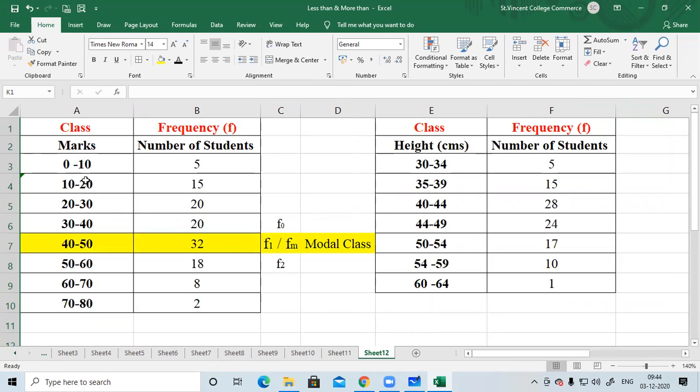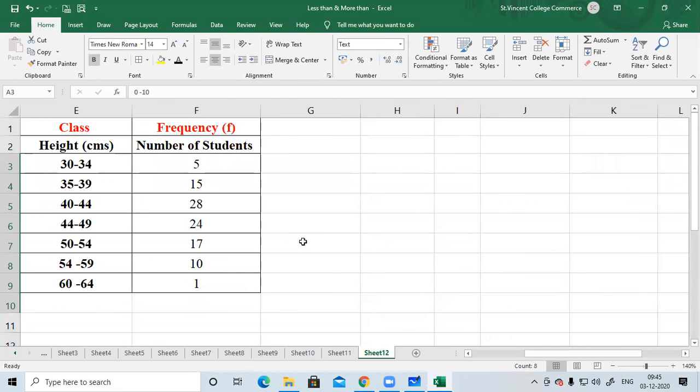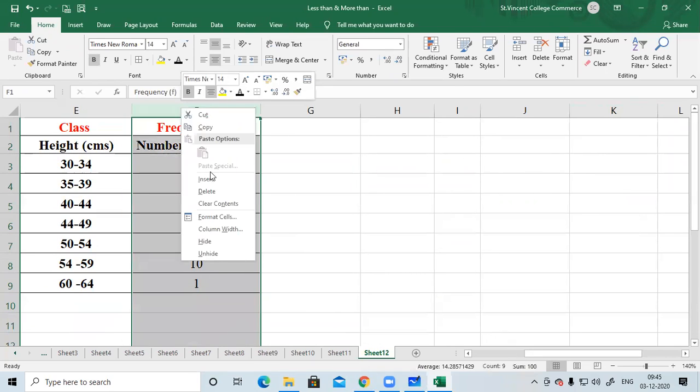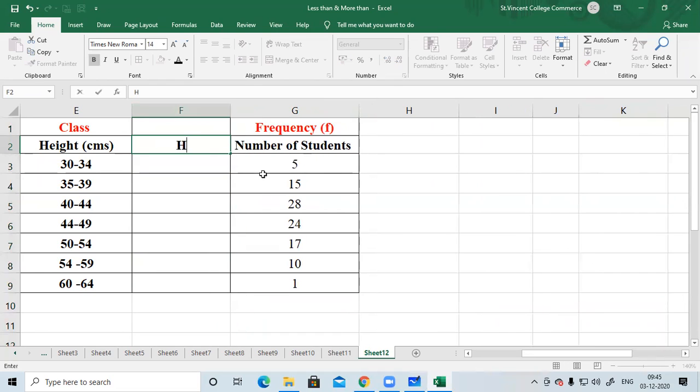The difference here is that in the previous sum we did, the classes were exclusive or continuous. But in the current sum, the classes are inclusive or discontinuous. Now, the first and most important thing you need to do whenever you are doing median and mode is convert the class into a continuous class.